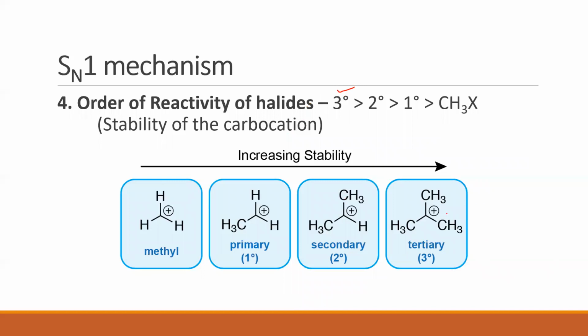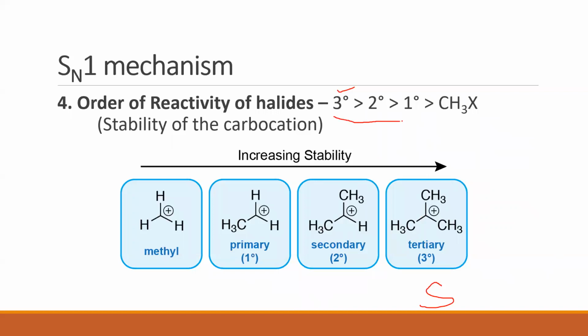Tertiary carbocation is the most stable as indicated by this order, followed by secondary, followed by primary, followed by CH3 plus. Since tertiary carbocation is most stable, it will be easily formed.